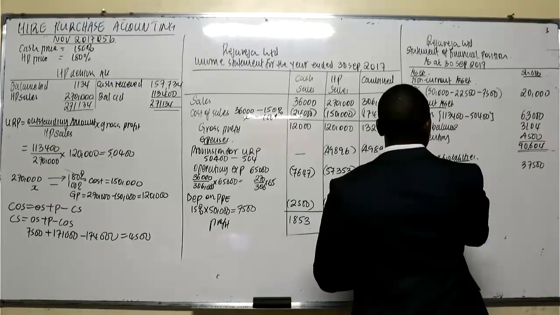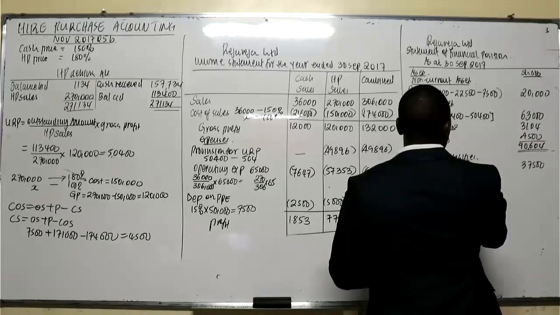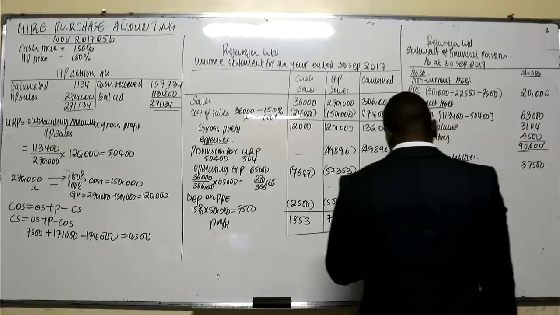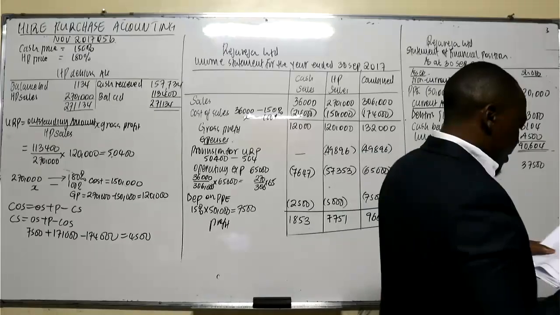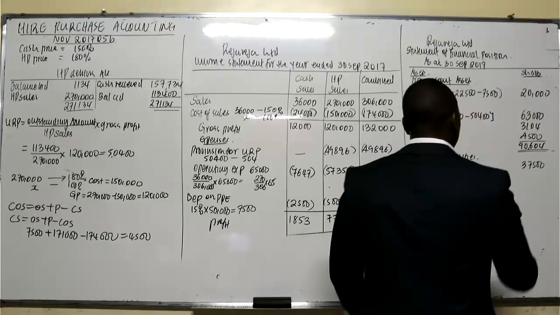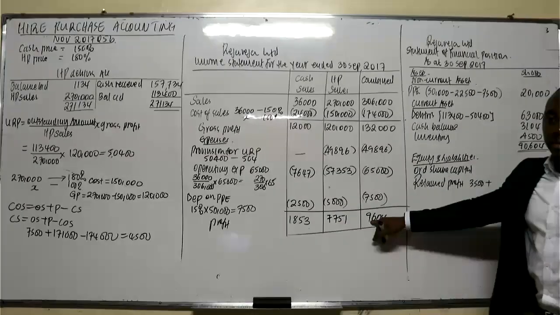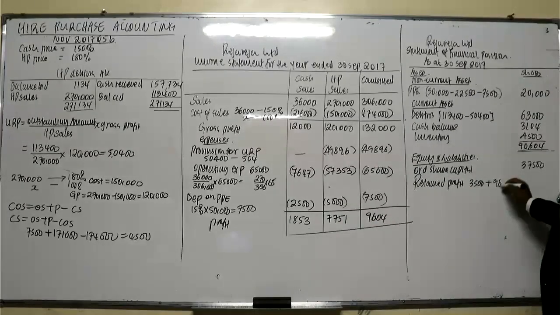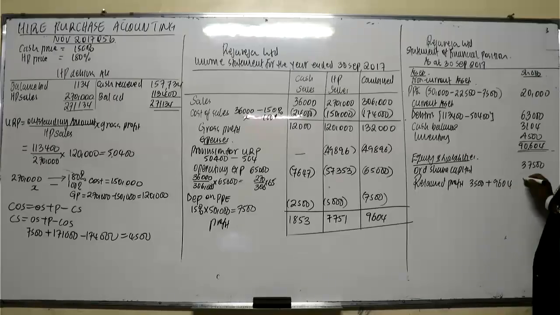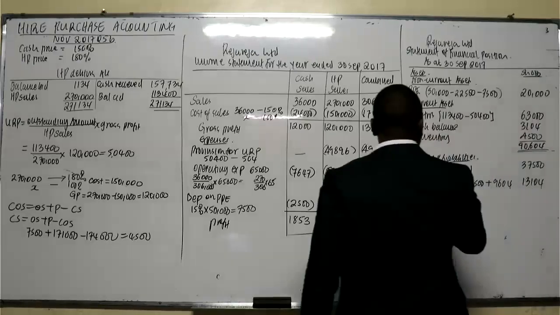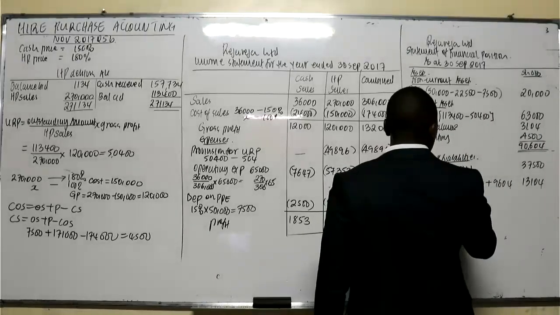Then you add the retained profit. So we had the retained earnings as at the beginning of the year, which was an amount of 3,500. Then you add profit for the year, an amount of 96, and you get 13,104.